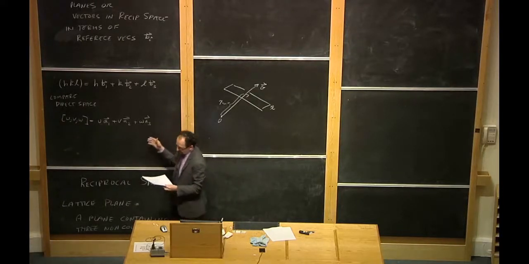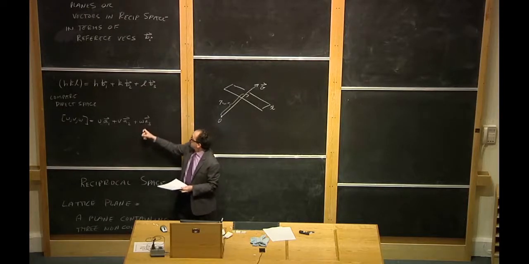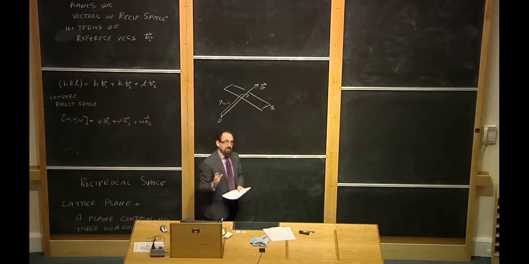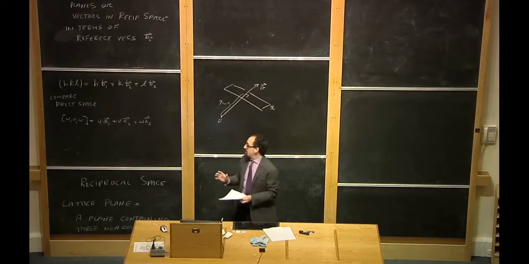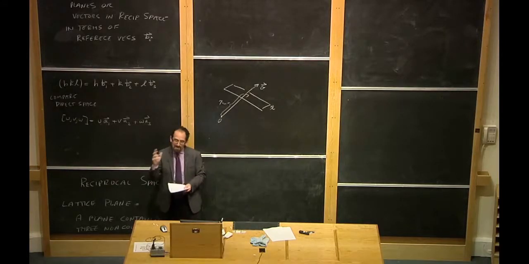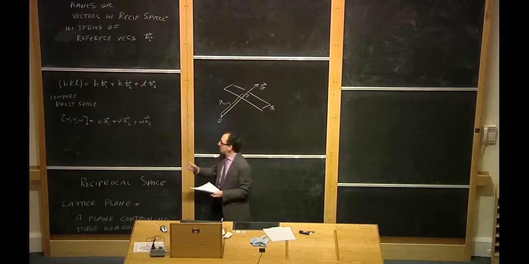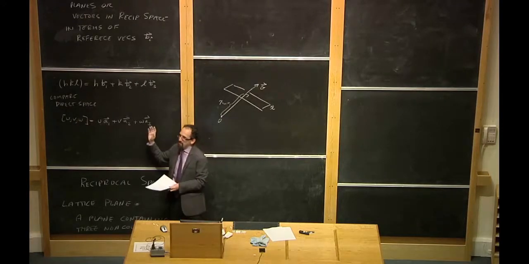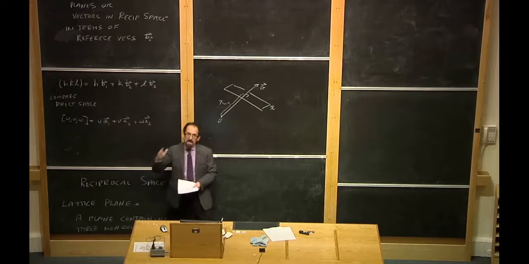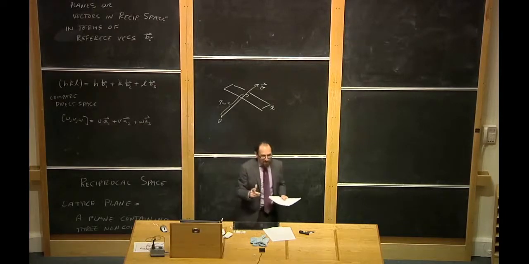Now, in both cases, we may or may not mean these A's or these B's to be primitive. That's very important because a lot of the questions that come up on exams reference this subtlety, that sometimes you work with primitive reciprocal lattice vectors or primitive lattice vectors, and sometimes you don't. Why not?